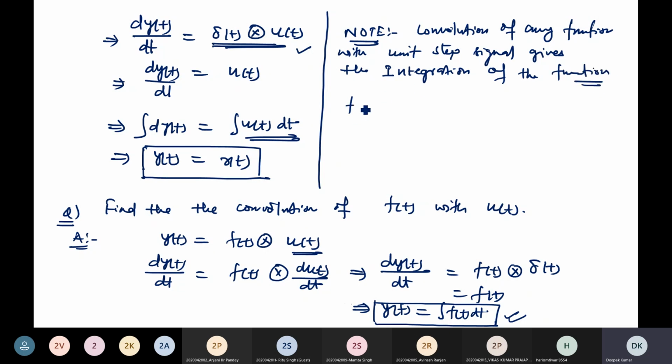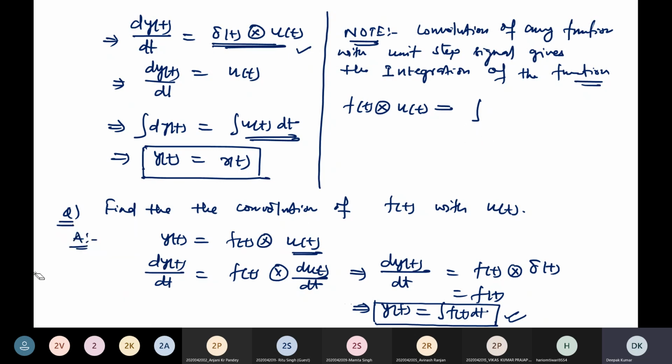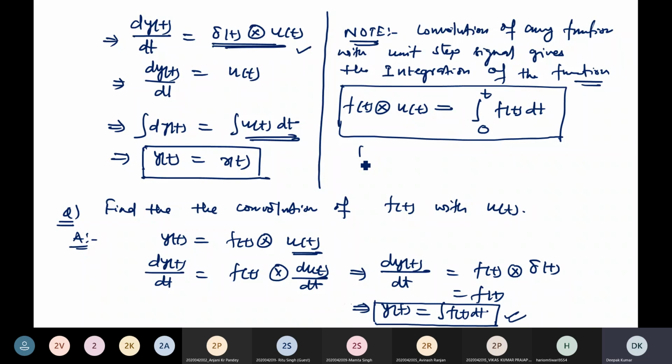In simple way we can write f of t convolution with u of t will be equal to integration from 0 to t of f of tau d tau. This is one important result. Another one I described earlier: convolution of f of t with delta t is f of t. So these are some standard results you can always keep in your mind.